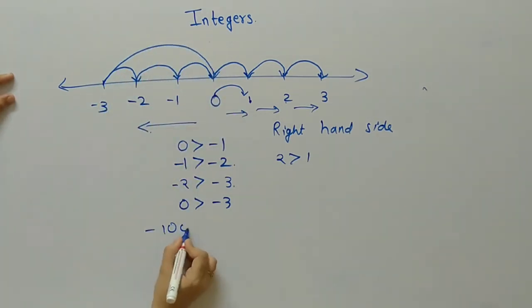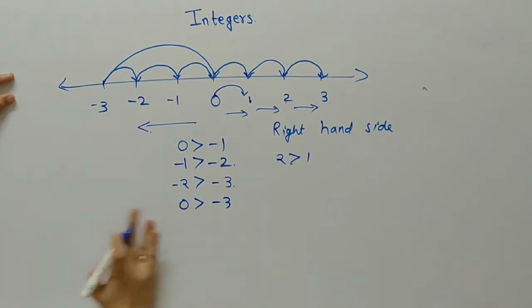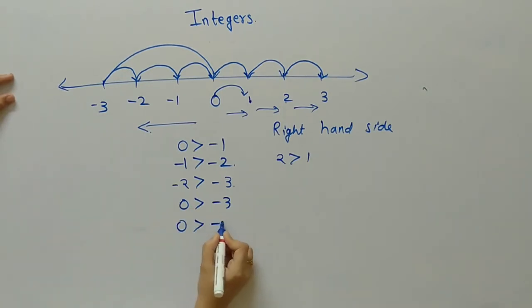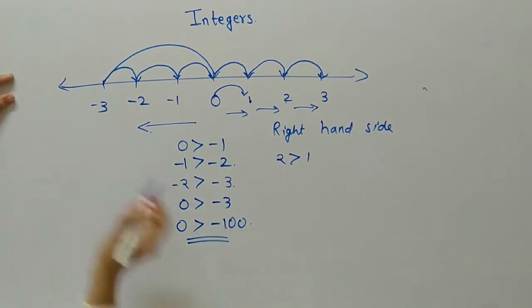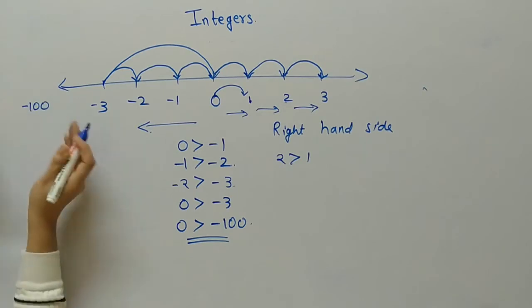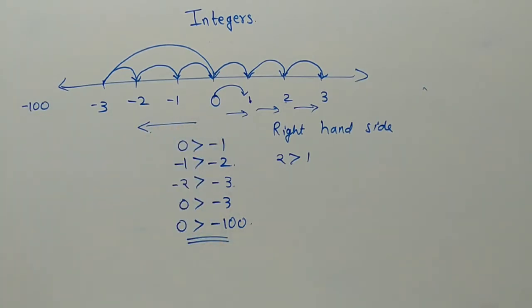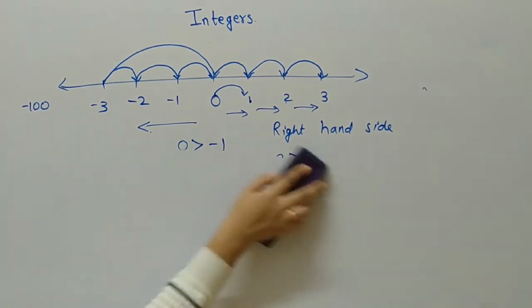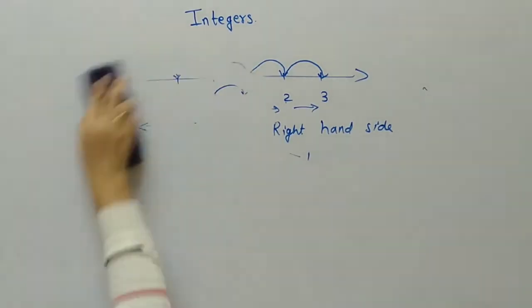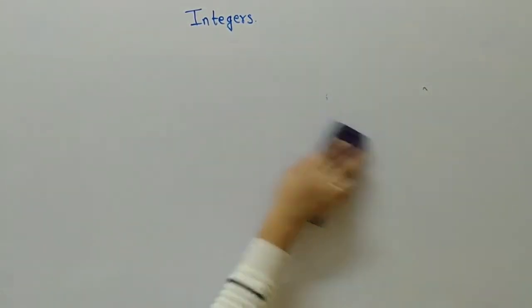And we can also say that 0 is greater than minus 100 because minus 100 will lie on the left hand side of 0. So 0 will be greater than minus 100.